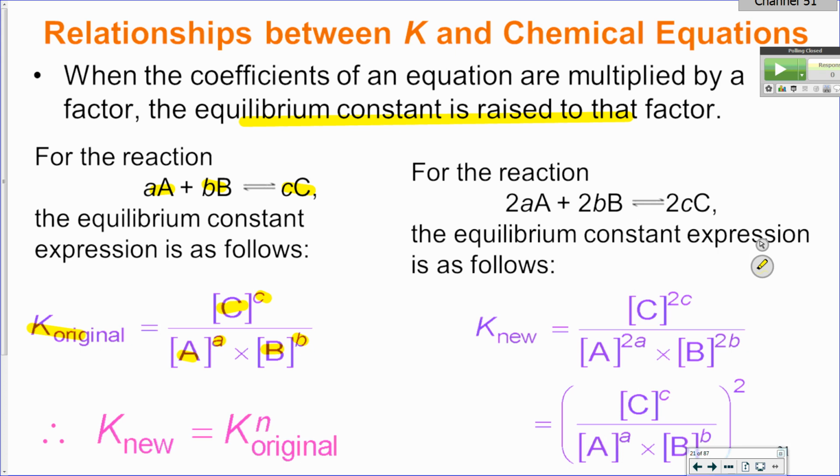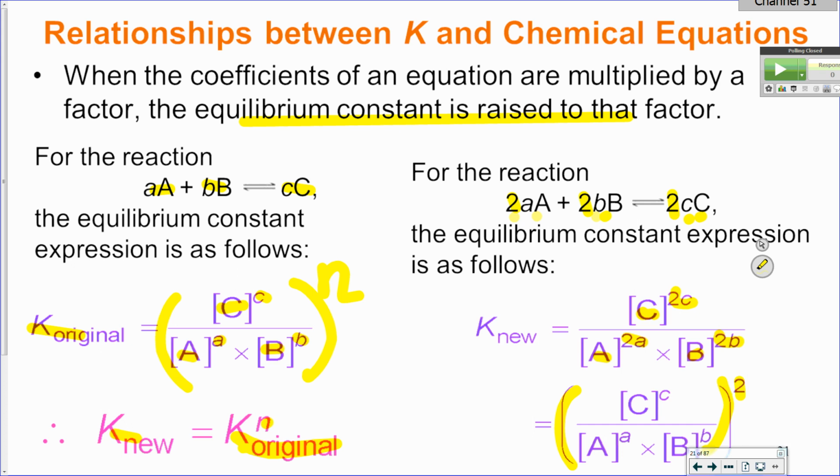Now if I need 2 of everything in that reaction, so 2 little a's of A, 2 little b's of B, 2 little c's of C, the expression is going to be C to the 2c power, A to the 2a power, B to the 2b power. Now I'm just multiplying it by itself again, so I'm squaring it. What happens is the K new is equal to the K original raised to whatever power you multiply by, K to the n.